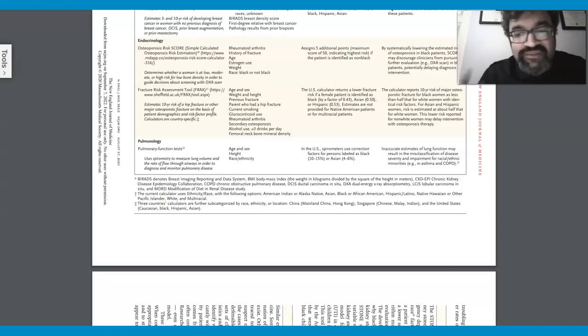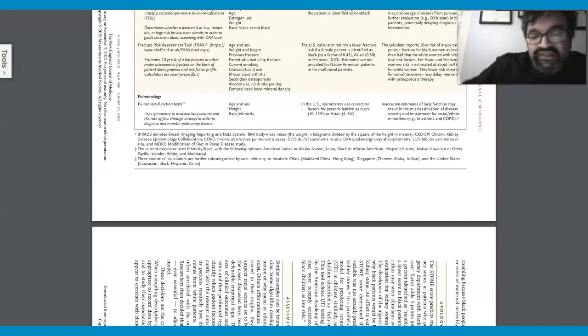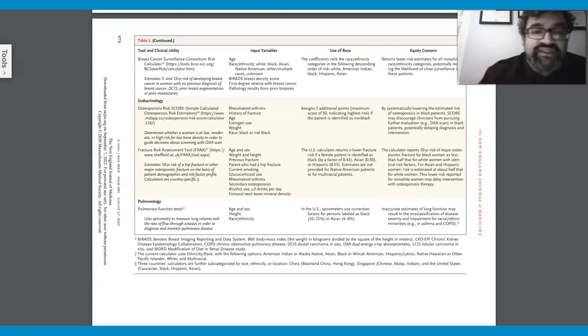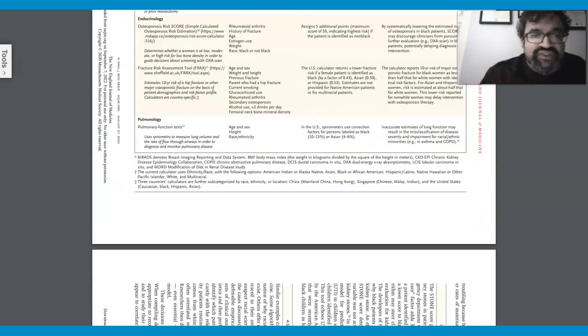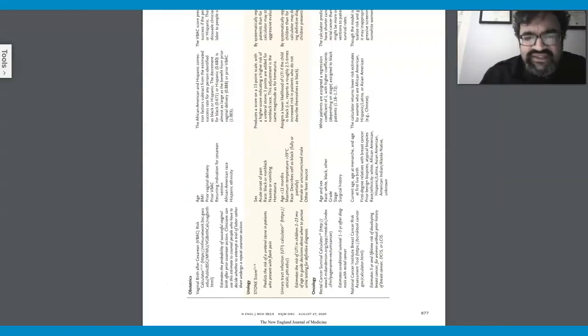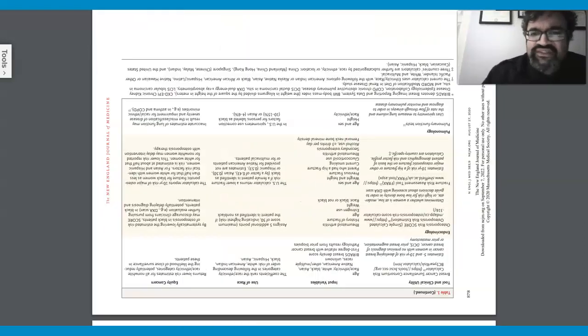Inaccurate estimates of lung function may result in misclassification of disease, severity, and impairment for racial and ethnic minorities in asthma and COPD. So lung function is not as accurate in individuals of other ethnic groups, and maybe other types of tests need to be done. So that concludes, in broad strokes, what this risk scoring entails.